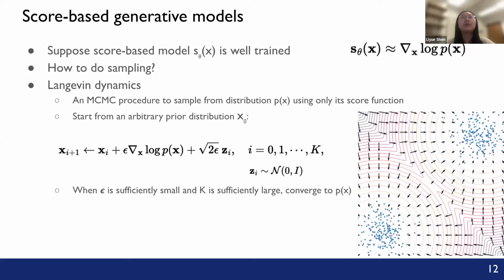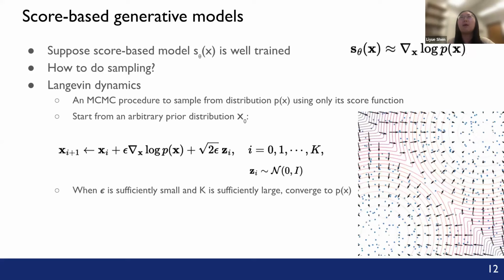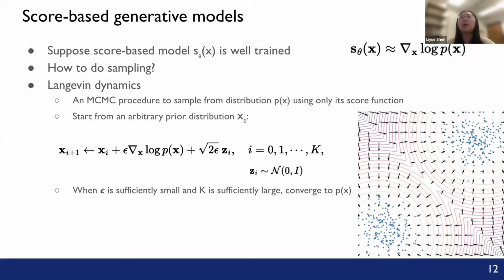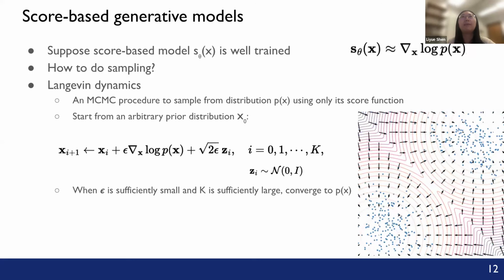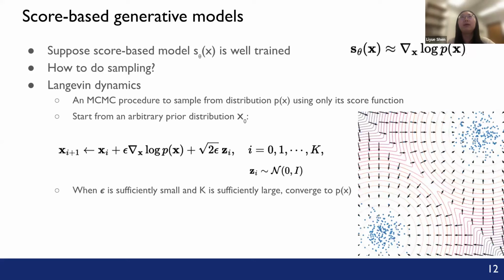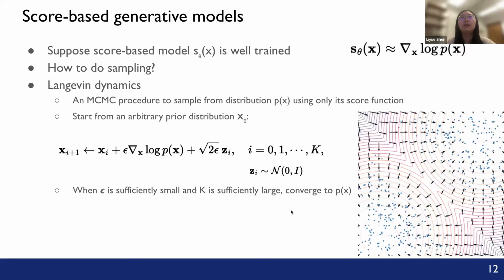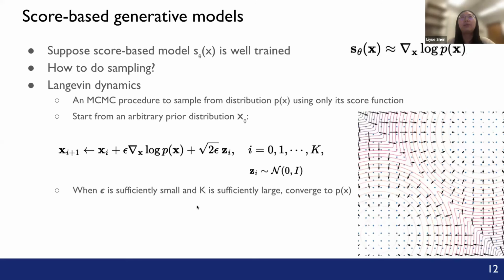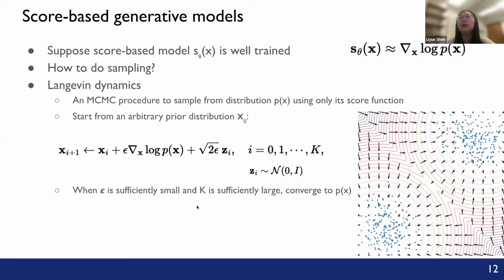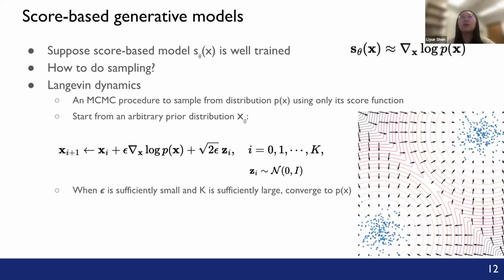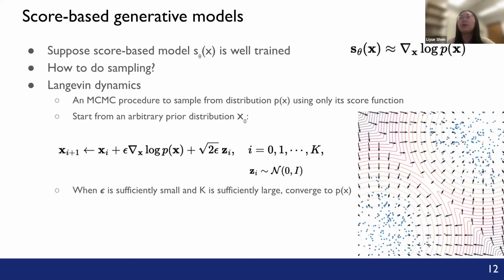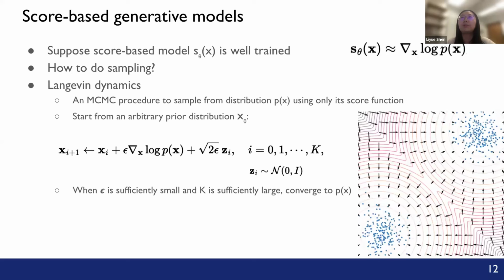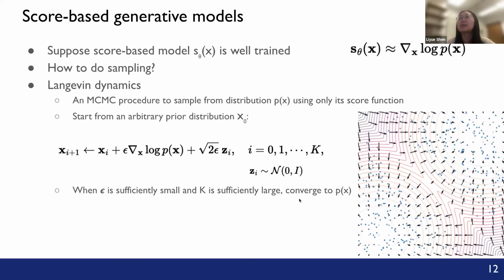We can use different MCMC procedures to sample from the distribution p(x) using only the score function, for example Langevin dynamics here. If epsilon, the step size, is small enough and the number of sampling steps is sufficiently large, theoretically this sampling could converge to the true distribution p(x), as shown in this figure.